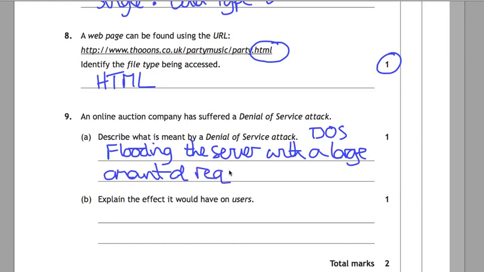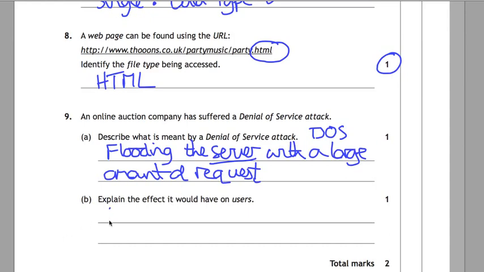So each time you type in a URL, you're actually requesting that website from that server, and it serves you the website, hence why it's called a server. And what effect does it have? Well, just like with the Commonwealth Games website, this means it's not available to anyone.